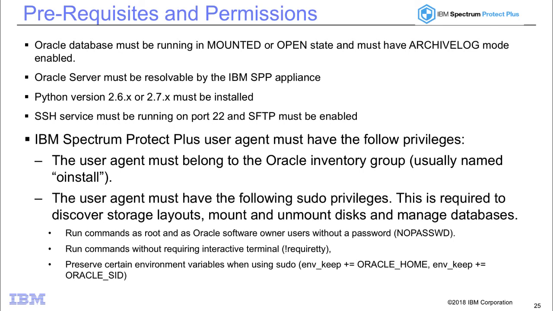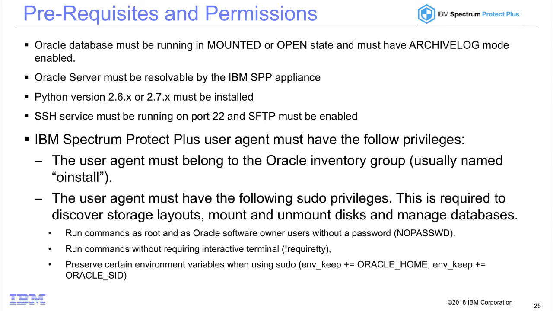Same sort of information with prerequisites and permissions. The Oracle database must be mounted and open and must be in archive log mode to be protected with Spectrum Protect Plus. Of course, the DNS name must be resolvable. You have to have Python version 2.6.x or 2.7.x, and SSH must be enabled. Now there are a couple of additional permissions here.